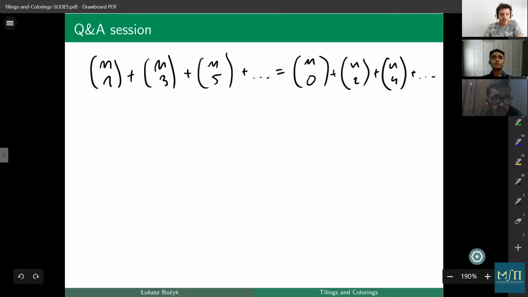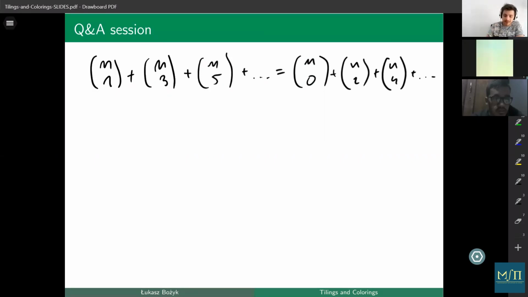Okay, so I'm not sure what is the difficult proof, but the way I see this equality always is the following way. What does the left-hand side mean?